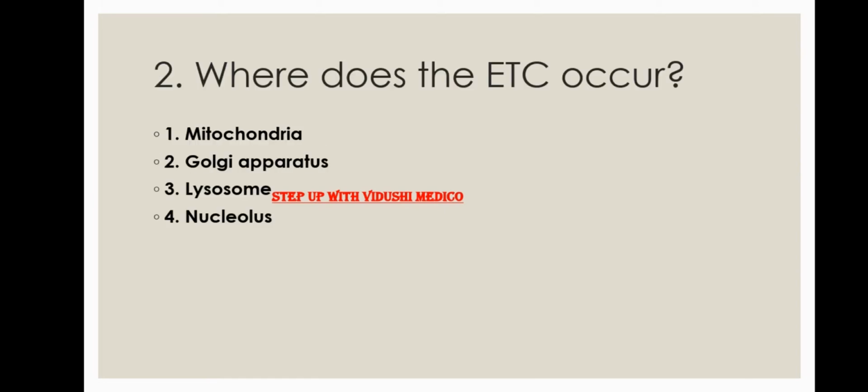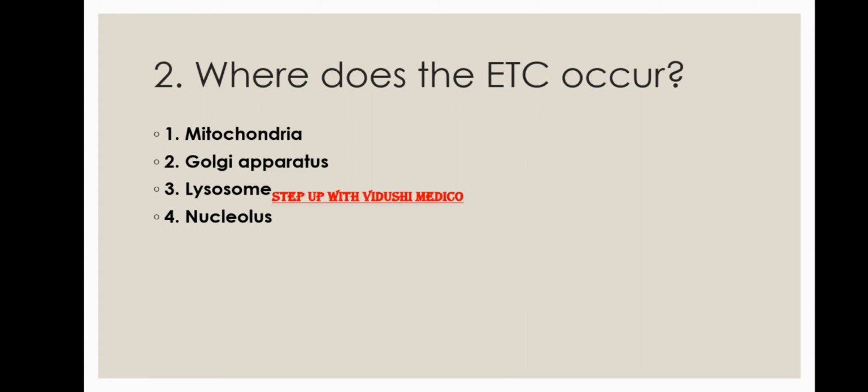Where does the electron transport chain occur? Option 1 mitochondria, option 2 Golgi apparatus, option 3 lysosome, option 4 nucleolus. I am again telling you, whoever knows the answer, please pause the video, think. You can even comment how many of you are getting right.